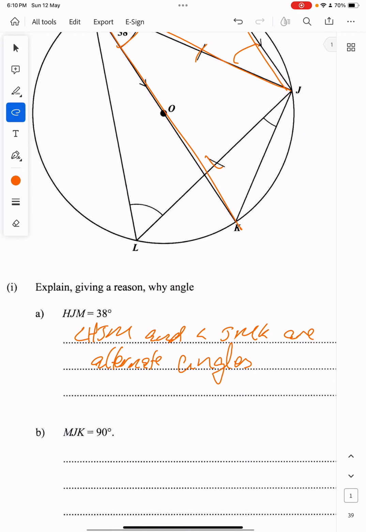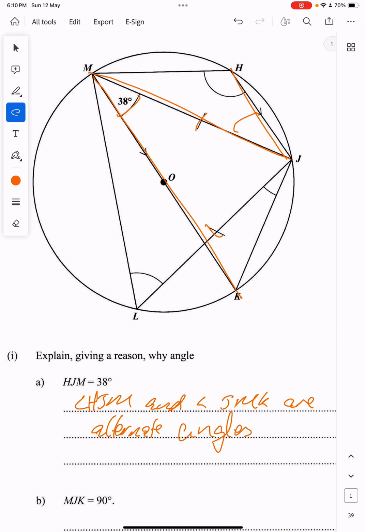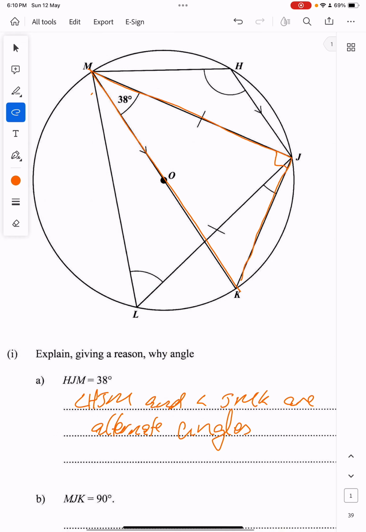All right, and then why is angle MGK equal to 90 degrees? So angle MGK, if we look, we have a diameter here, MK, and MGK is an angle in a semicircle, which gives us 90 degrees.